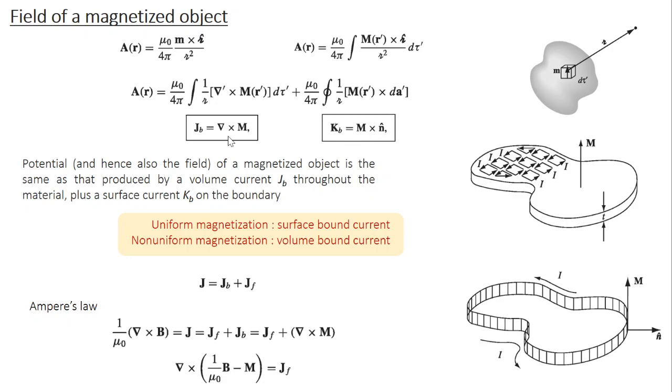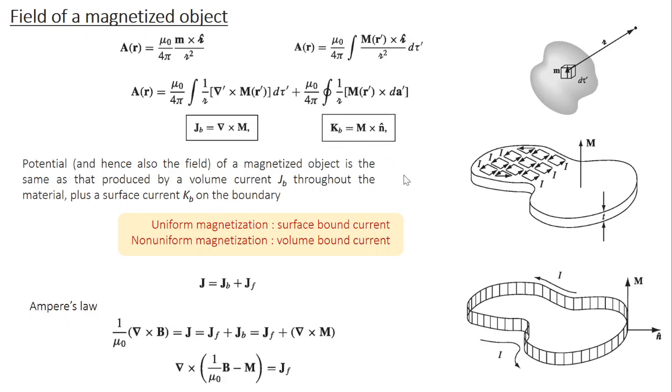Now when I say current, these are not free currents which can freely move throughout the material. We are talking about electronic movement within each atom. So since electrons are bound to each atom, the current is also bound to each atom. That's why we use a subscript B to indicate that this is volume bound current. Similarly, this is surface bound current.